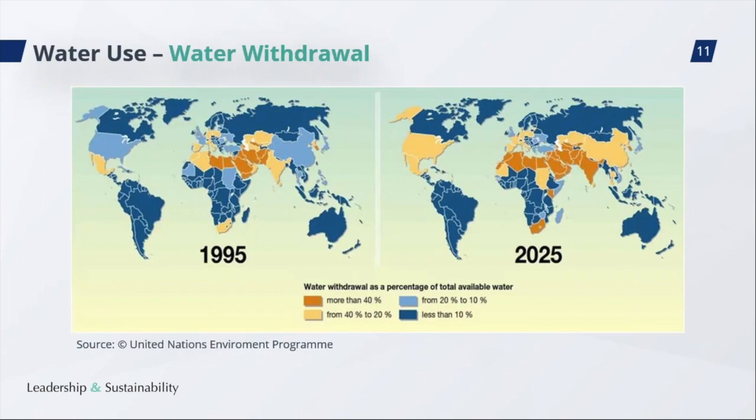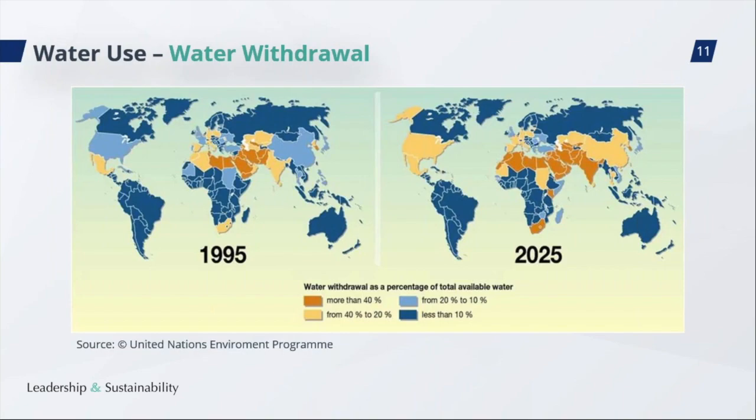And here you can see a map from the United Nations Environmental Programme. It shows the percentage of all available water that is actually used for 1995 and for 2025. And you can see the dark orange means that more than 40% of the available water is actually also used. And the lighter orange means that 40 to 20% of the total available water is used.